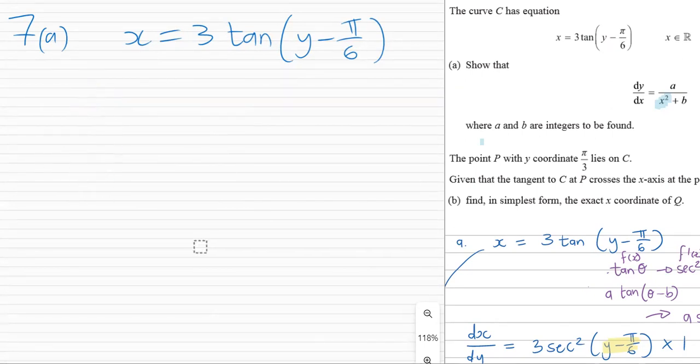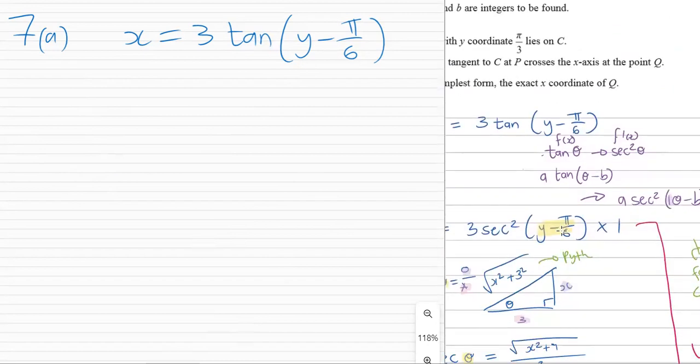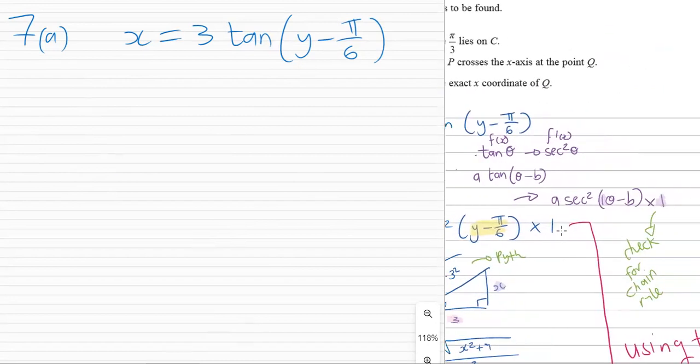So a few trig rules that you have to memorize. I have them written down here. These are just things that are rearranged.